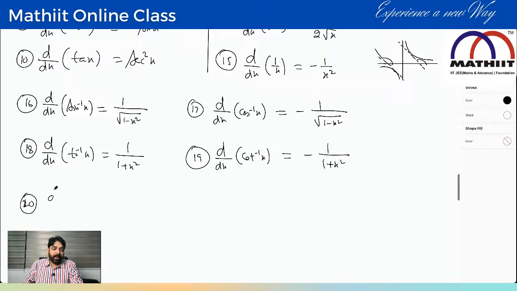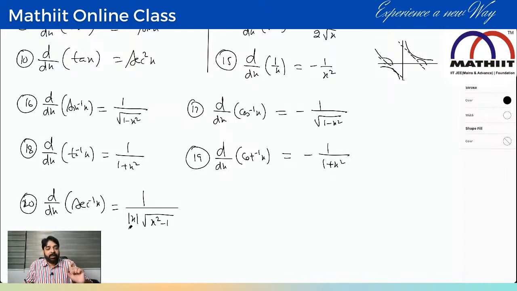Next one, d by dx of secant inverse x. This is very interesting. It is always equal to 1 by mod x into root of x square minus 1. You know why I kept the mod separately? Because if I don't keep the mod, there is a problem. The root quantity is always positive, but x can be positive also, negative also. That would mean secant inverse x may increase, may decrease.